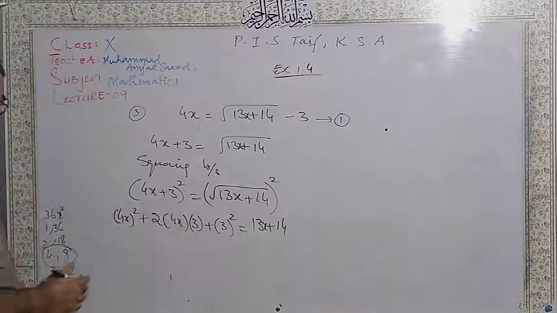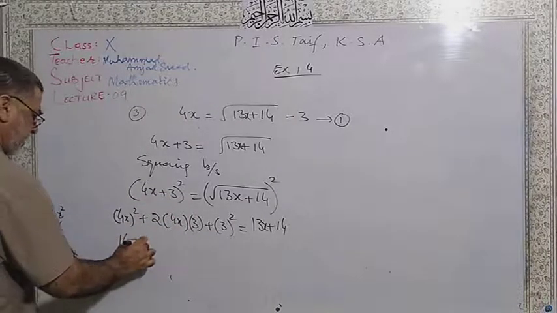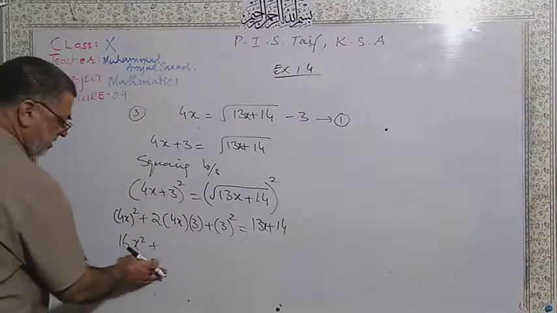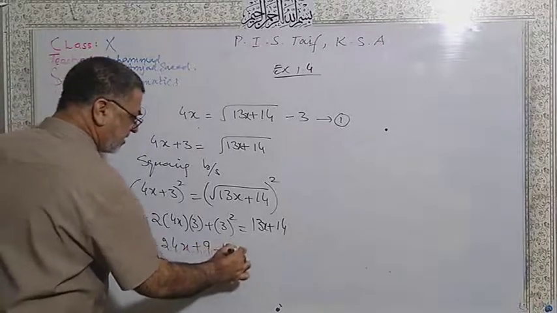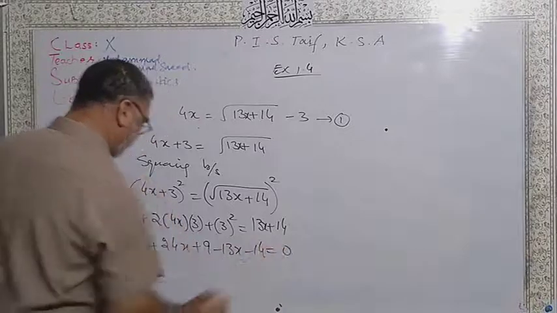13x plus 14. Here is 16x square plus 24x plus 9 minus 13x minus 14 is equal to 0.